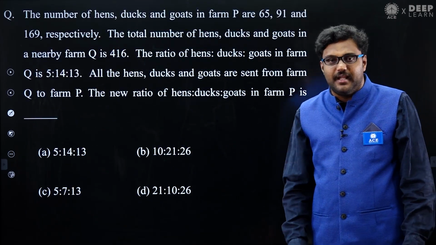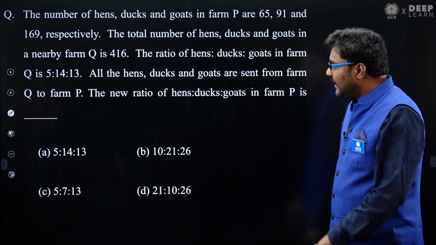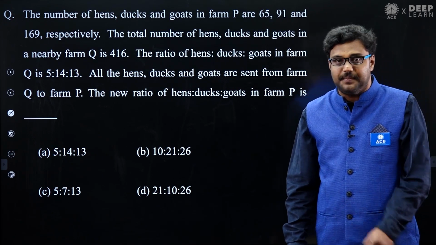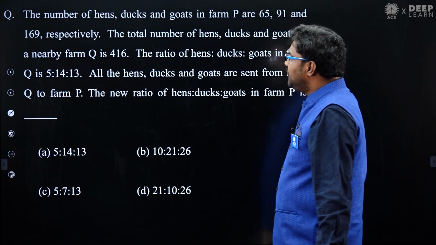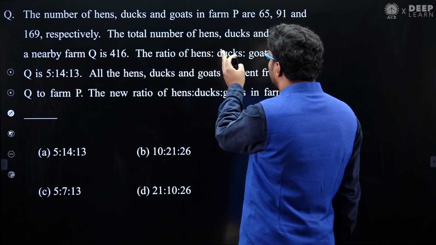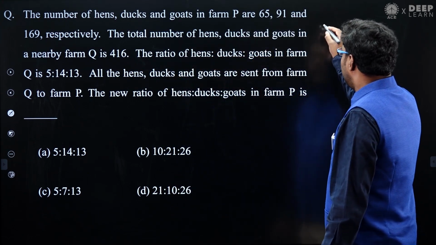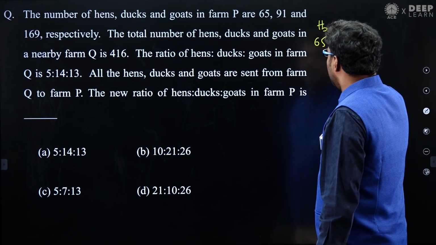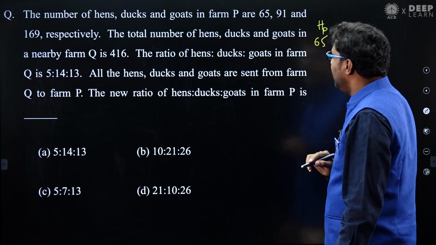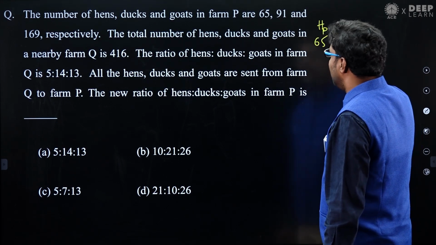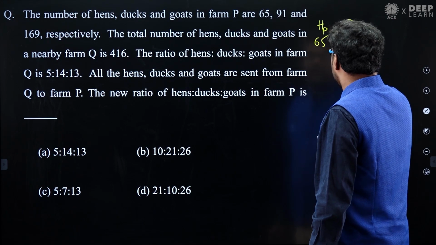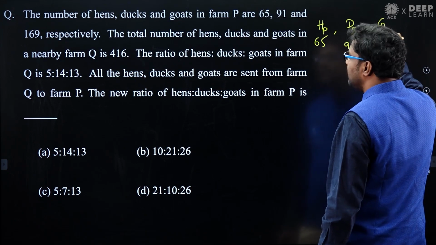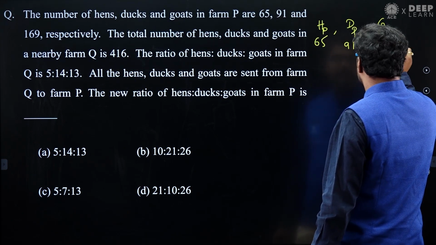See this next question, my dear friends. In this set 1 for mechanical, this is the last question, related to ratios concept. They mention hens, ducks and goats in form P. How many hens are there in form P is 65, how many ducks in form P is 91, and how many goats are there in form P is 169.